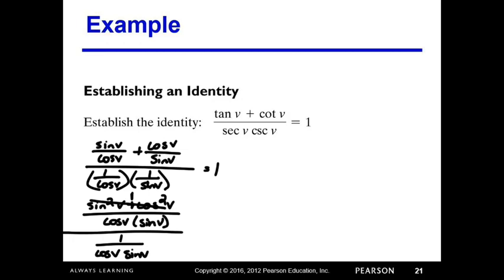So really now what we have is 1 over cosine v sine v times, and I invert the denominator, cosine v sine v over 1. So everything cancels, and so all of that equals 1. And so we've established an identity.